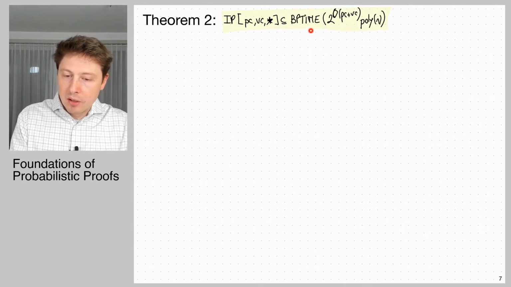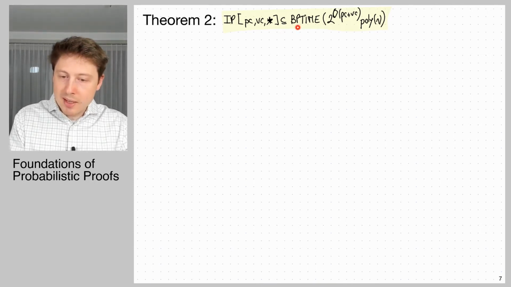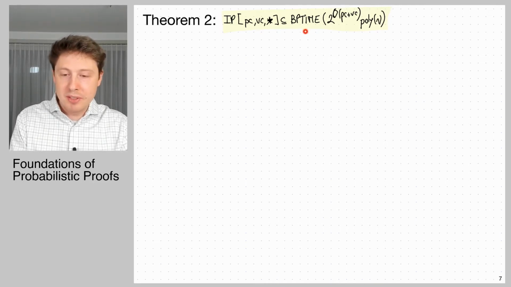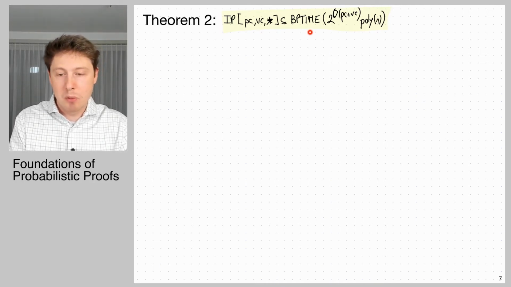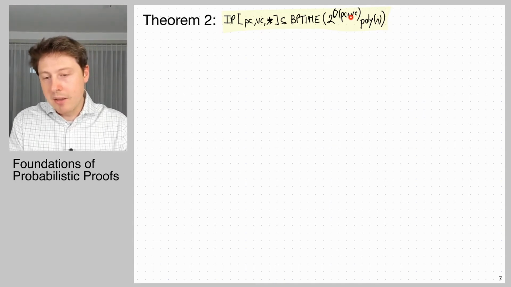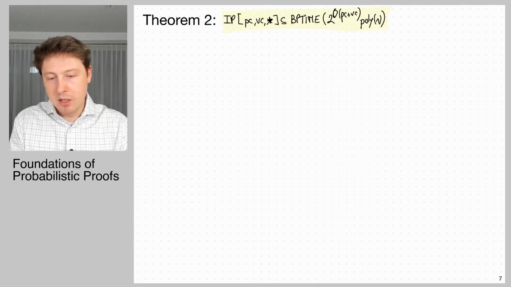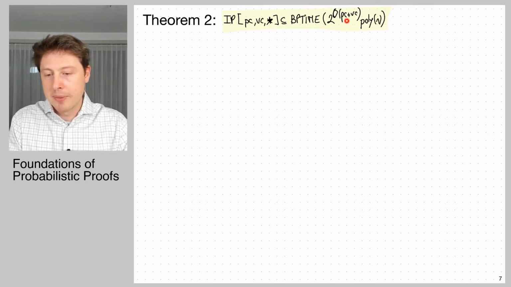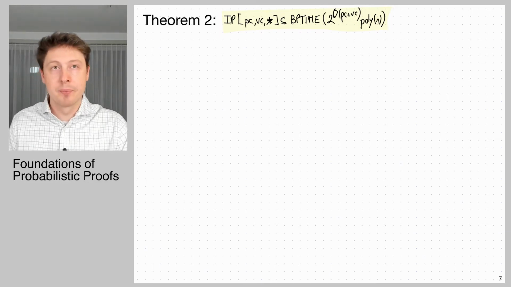Notice that here, we immediately see that our algorithm to decide the language is going to be a probabilistic algorithm. It's going to decide the language with two-sided bounded error. And we have, again, this exponential dependence, and we don't have the star because the star doesn't belong. We just have 2 to the PC plus VC, which is just the total communication. All right?